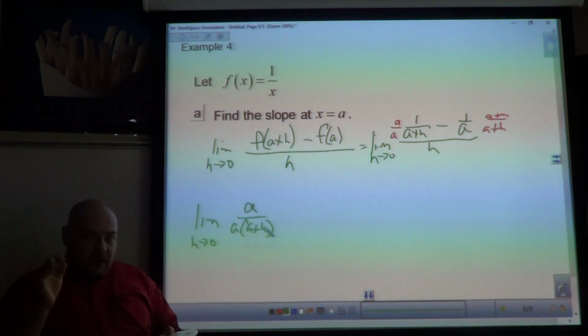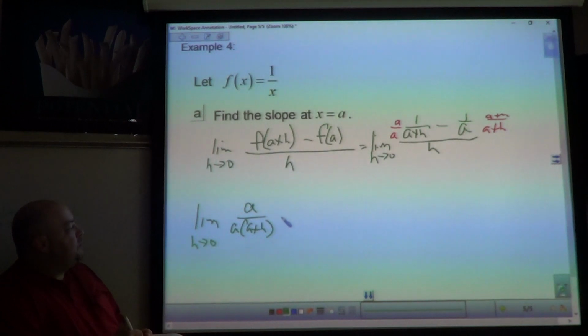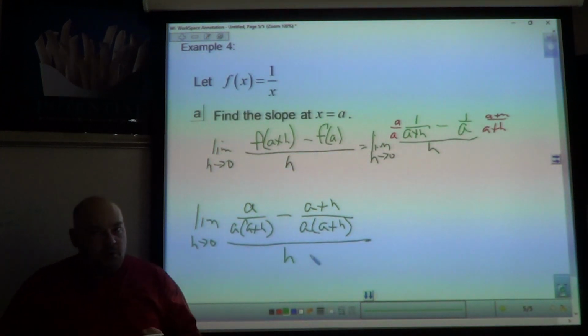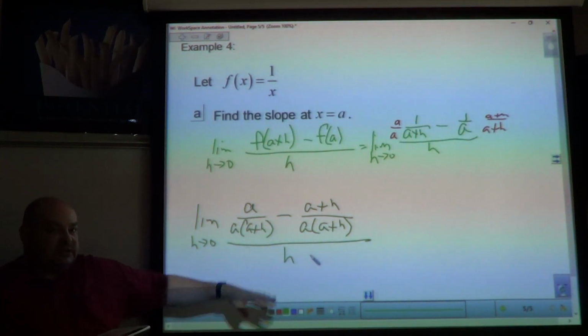Don't distribute the denominator, just leave it like it is. You'll understand why in a second. And then minus 1 times a plus h gives me a plus h over my common denominator of a times a plus h. Now we're still over this h on the bottom. Don't lose that bottom h. We're going to need to use that in just a second.